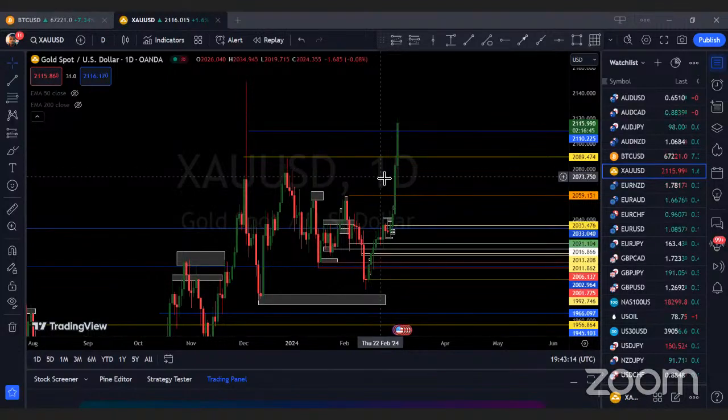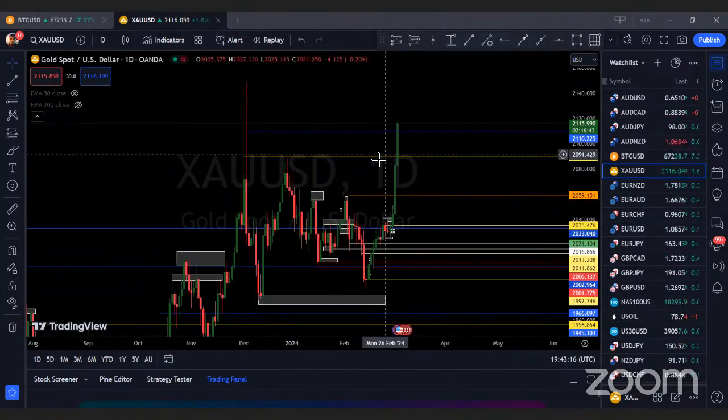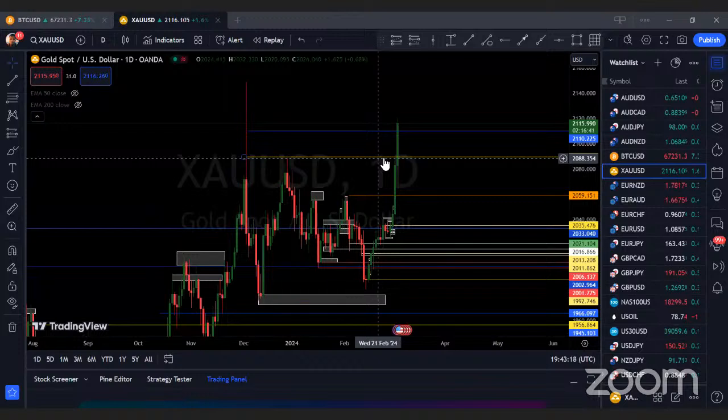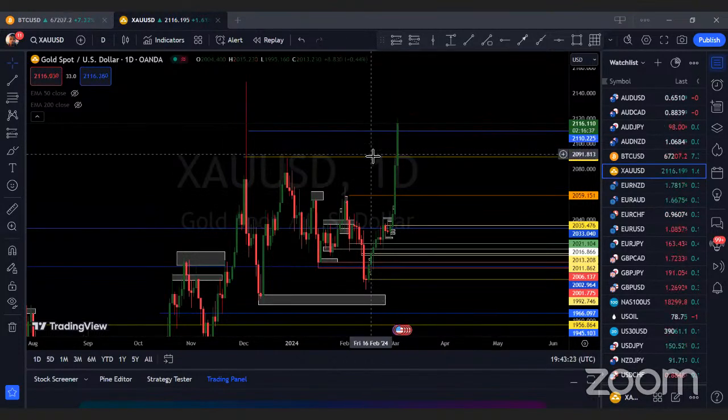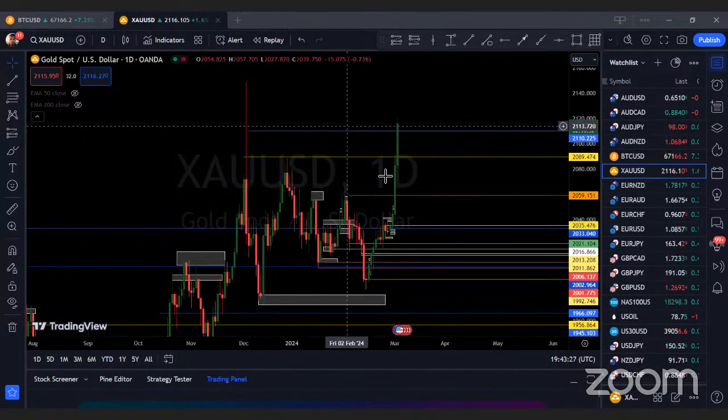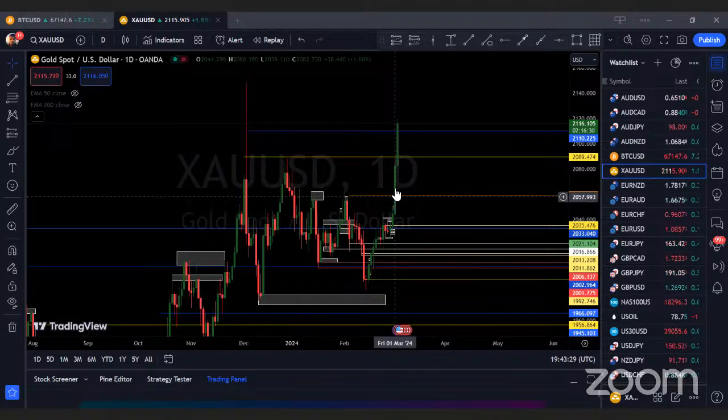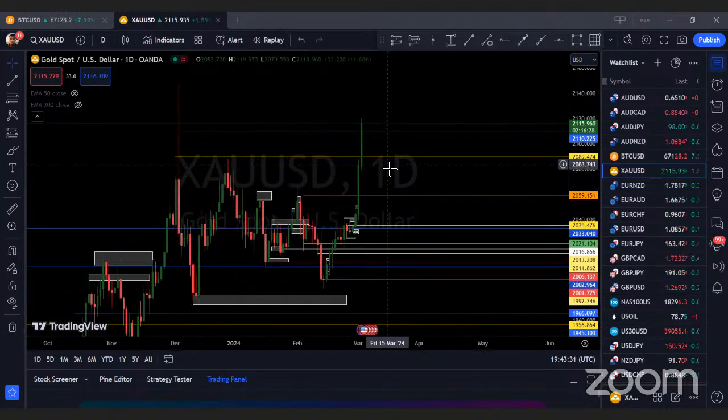And the faithful day today, we are expecting it to reverse from 2110. Okay? Now, it keeps pushing up beautifully with an impulsive, heavy move.